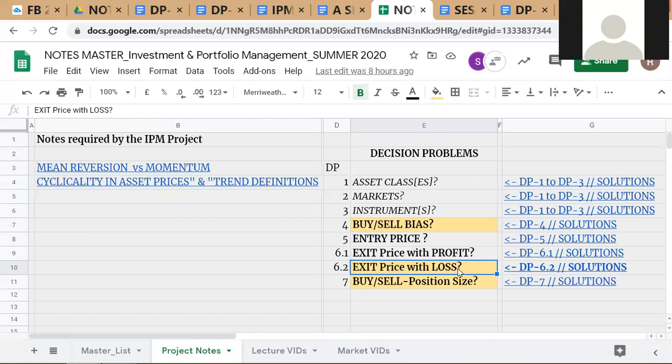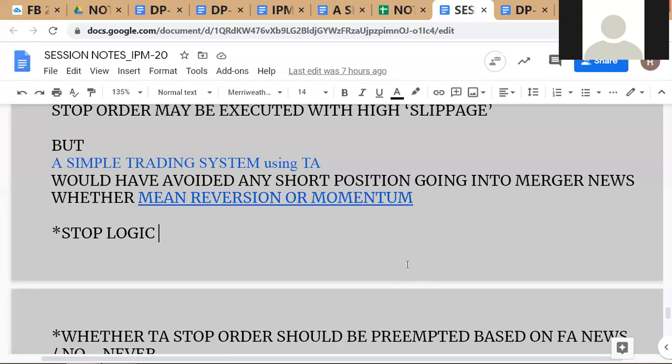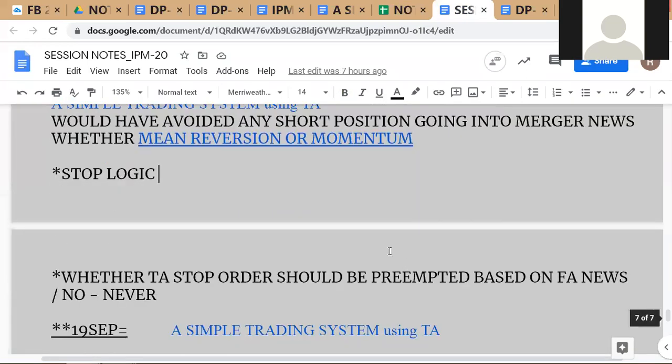This includes the idea of the stop order. You'll understand this later on as you gain more trading experience. We covered the stop logic as well, so I don't have to spend a lot of time on the stop logic today.